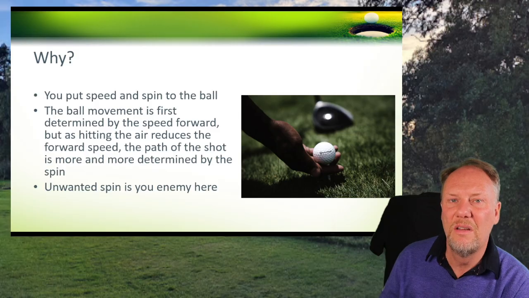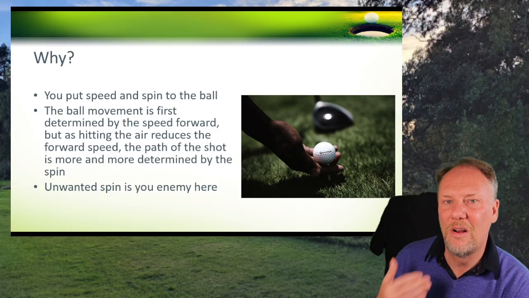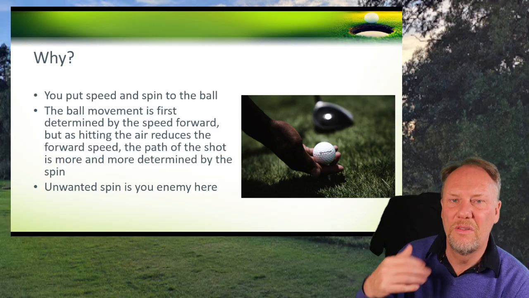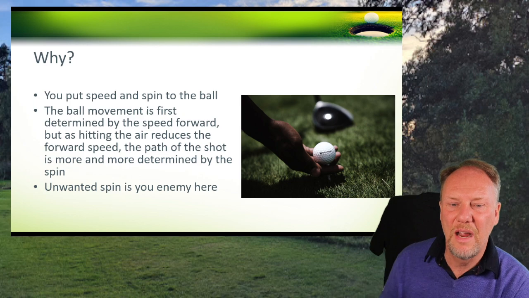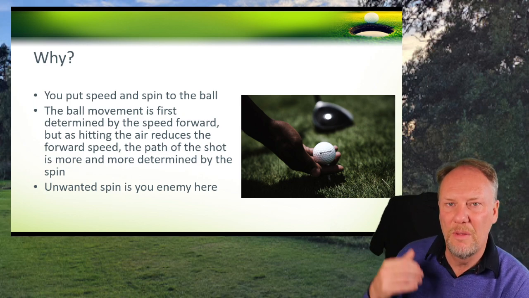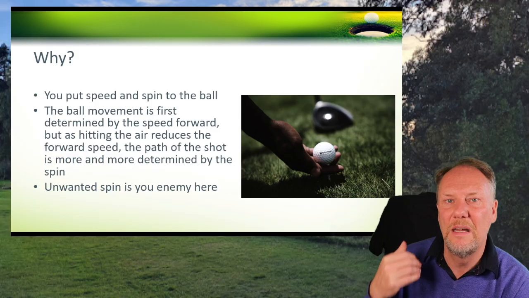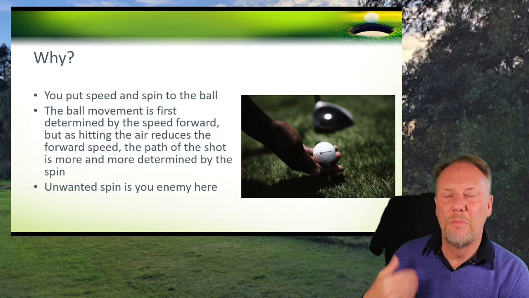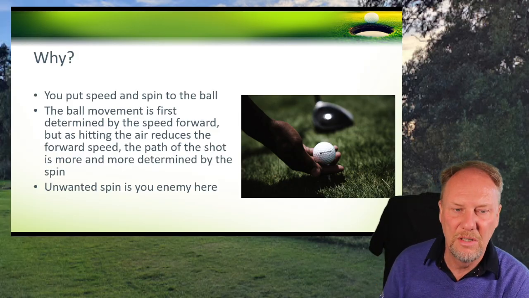So that's why slices normally don't come directly off the club, but rather when the ball is a bit into the air, after much of the forward power of the ball is gone from the ball hitting the air so much.